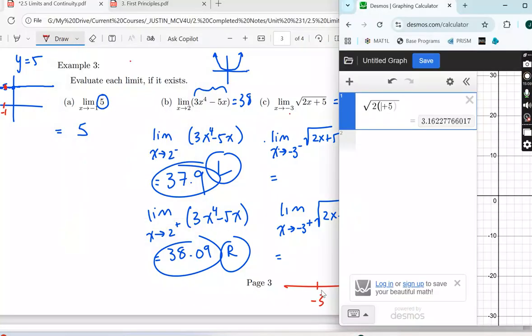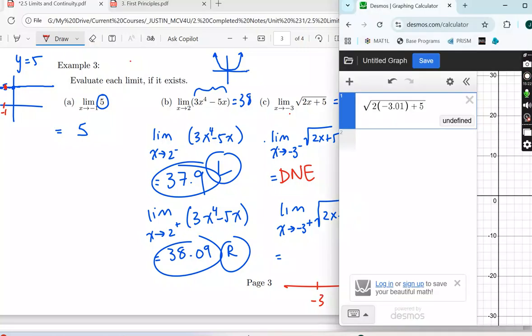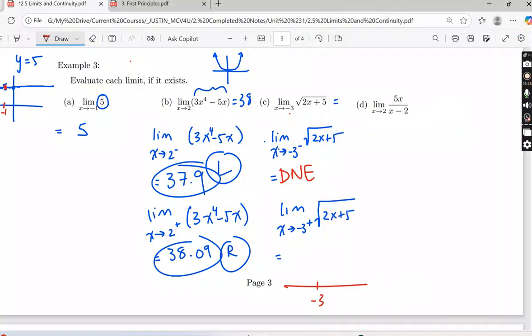Here's negative 3. So to the left of negative 3 would be negative 3.01, undefined, or does not exist. Now to the right of negative 3, so that's negative 2.99, is undefined. Okay, so they're both undefined, so the limit, in this case, does not exist.